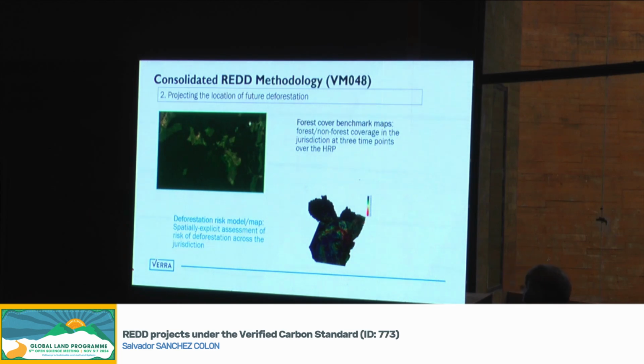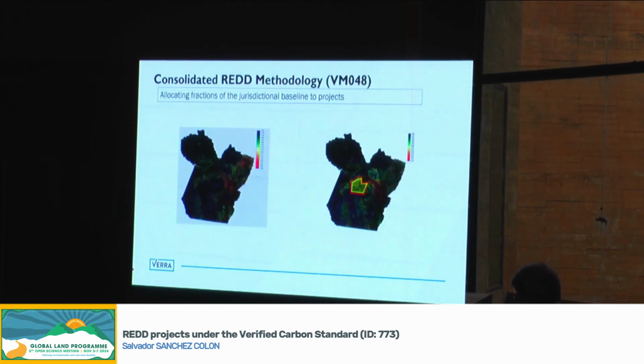And again, if we assume that the same processes that caused deforestation during the historical reference period might also operate in the following 6 years, then we can create a spatially explicit model that shows where the risk of deforestation is higher and where it is lower, based on the historical data.